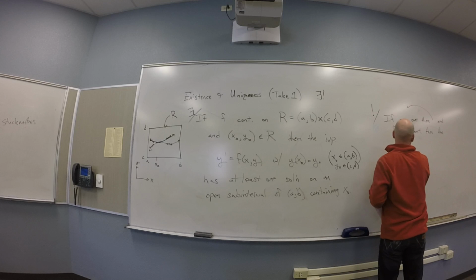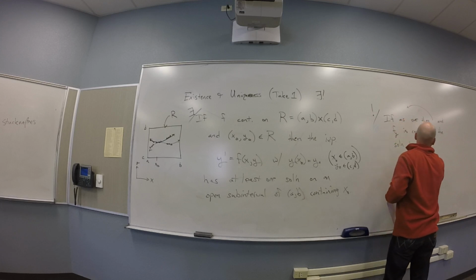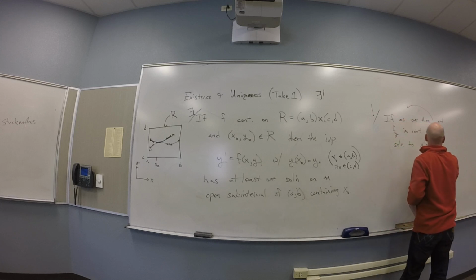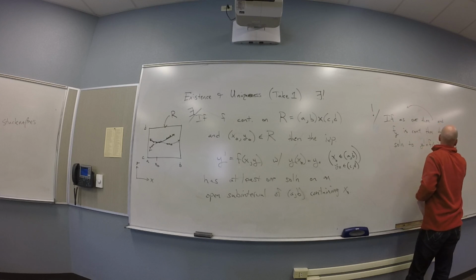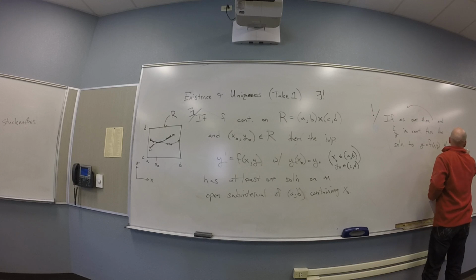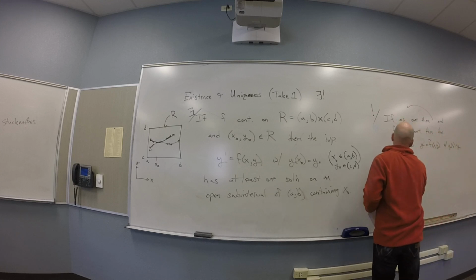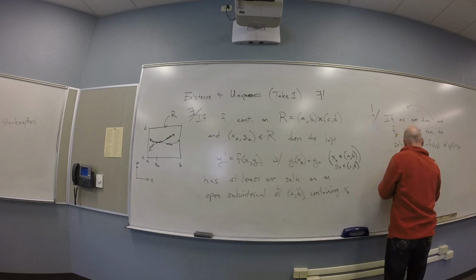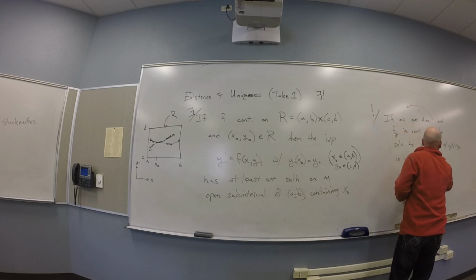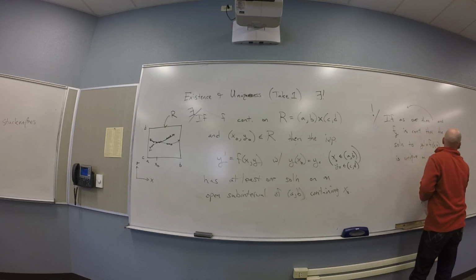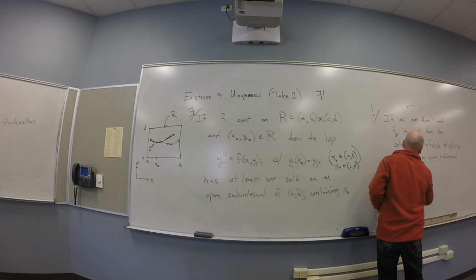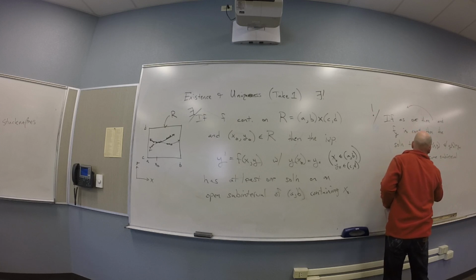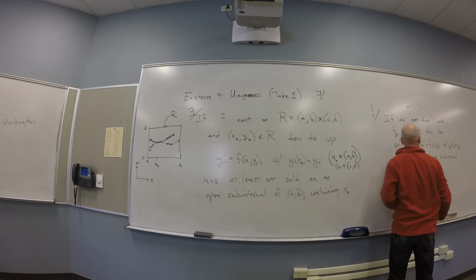Then the solution to y prime is f of x and y, with y of x naught is y naught, is unique on some subinterval containing x.